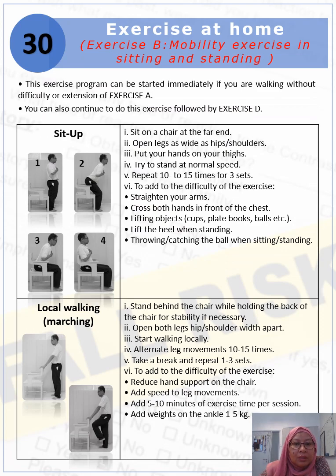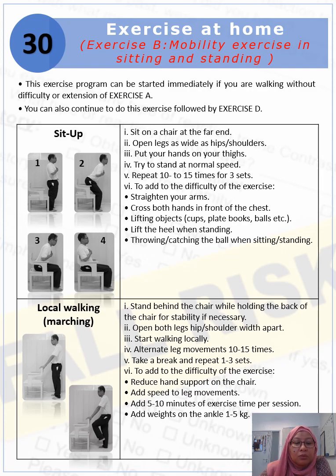And this is the mobility exercise in sitting and standing. Okay, you can do sit up, sit down, and sit up and sit again, and repeat this 10 to 15 times. Most of the exercises you have to repeat 10 to 15 times, rest in between sets. So you have to perform at least 3 sets.